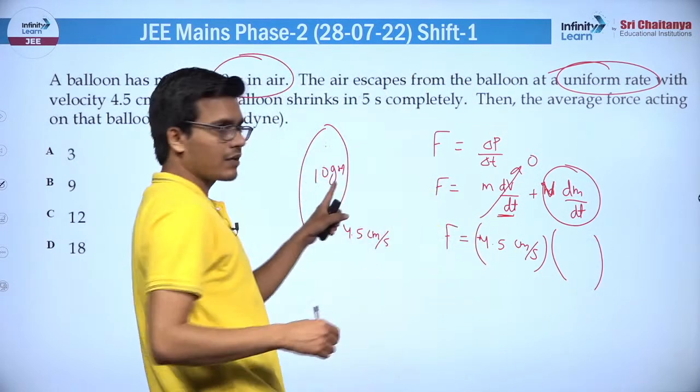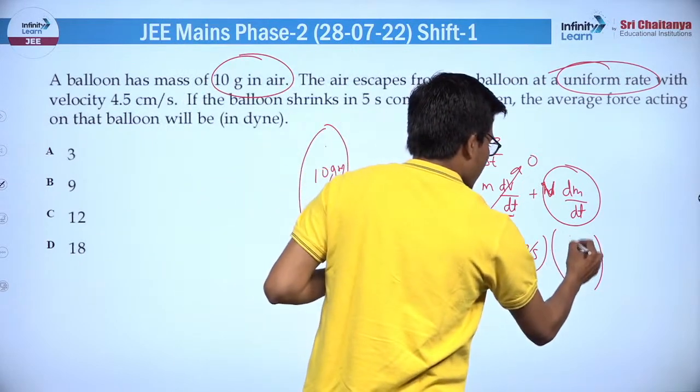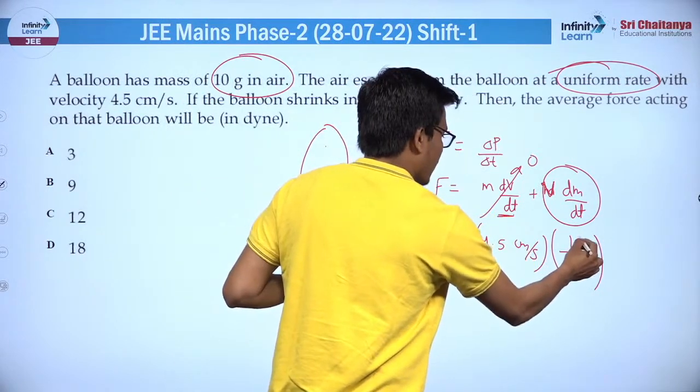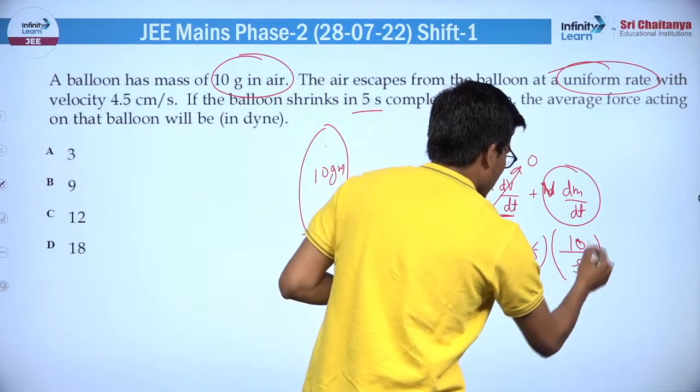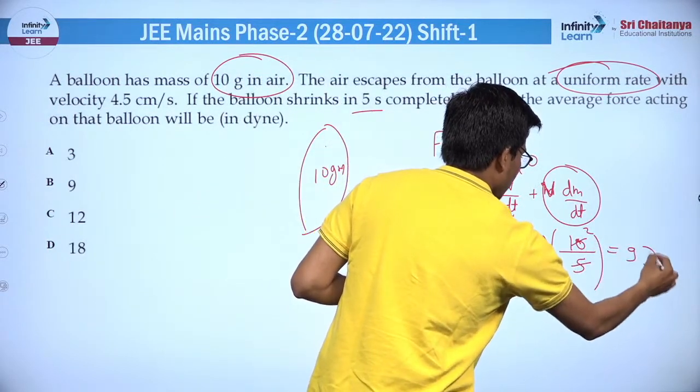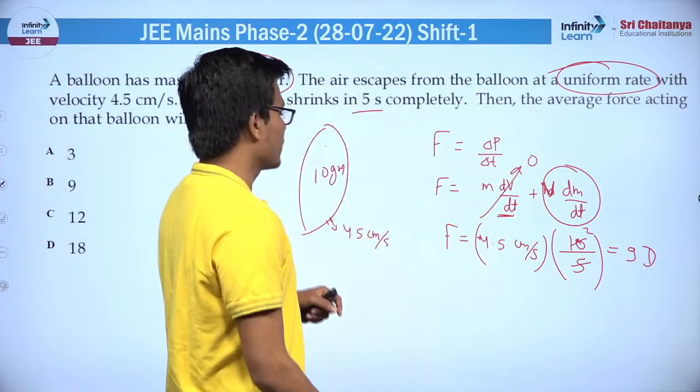Total mass was 10, finally the mass is 0, so mass is changing by 10 gram in how many seconds? 5 seconds, right? So the answer should be 9 and it is in centimeter per second, right?